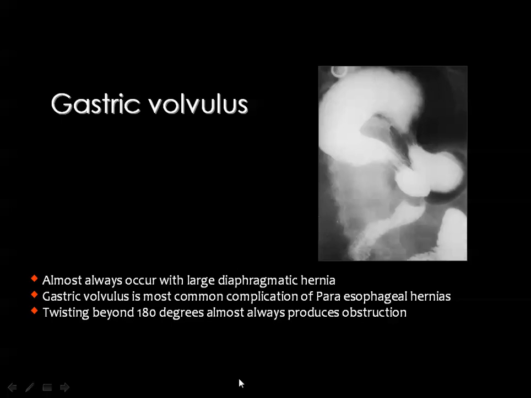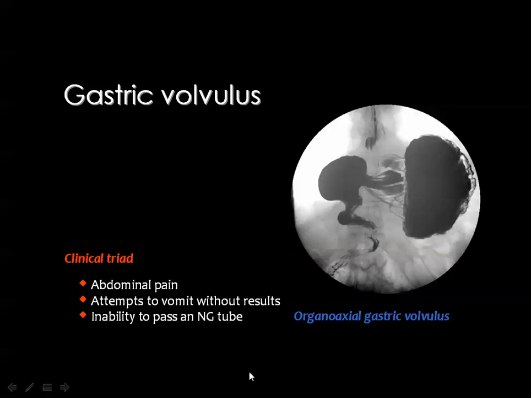Then gastric volvulus is a common complication of paraesophageal hernia, which is the second type of hiatus hernia. If there is twisting of the stomach more than 180 degrees, there will be obstruction to the gastric outlet.